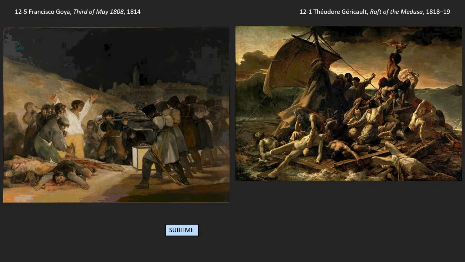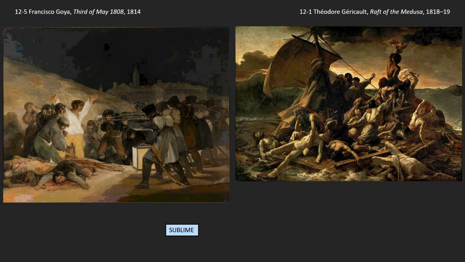And of the 150 that originally survived the shipwreck, at the end of 12 days, only 15 were left. So what Theodore Géricault is showing us here is the very end of this trauma, where they're struggling to survive, and the bodies of the dead are laying in the foreground.